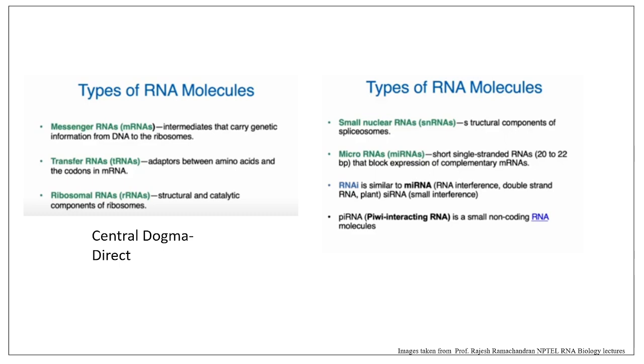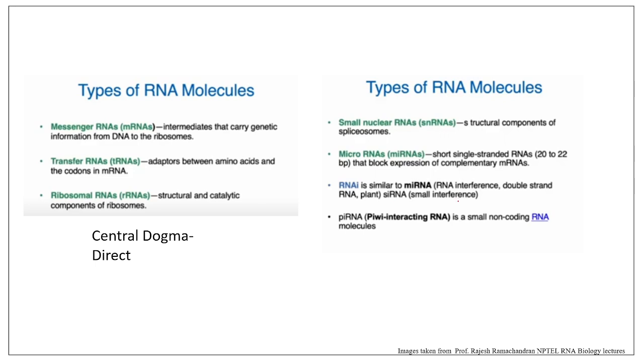Because that leads to the formation of proteins, and we are majorly concerned about proteins. But the formation of mRNA or tRNA or rRNA from a DNA template, all of these three are known as transcription. And when your DNA forms mRNA or tRNA or rRNA, it is the central dogma. This is a direct central dogma, the direct formation of those RNA molecules which are important.